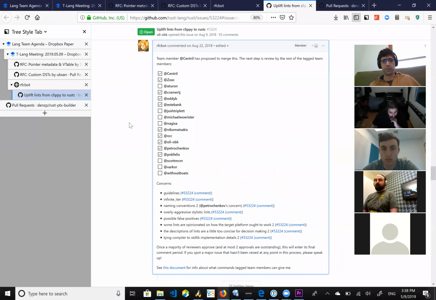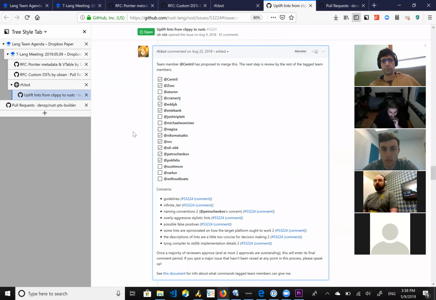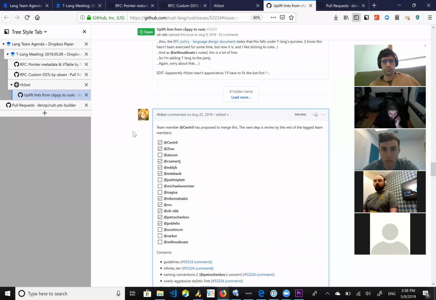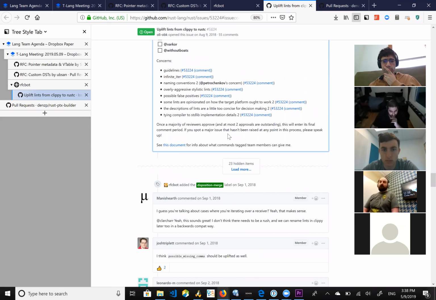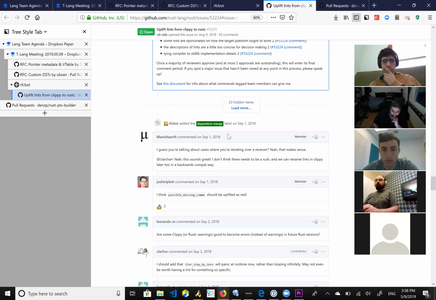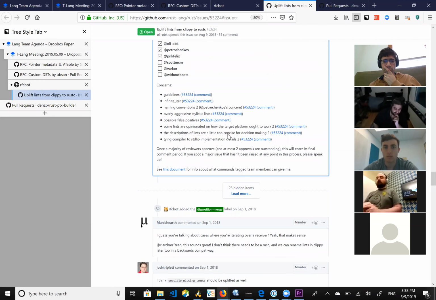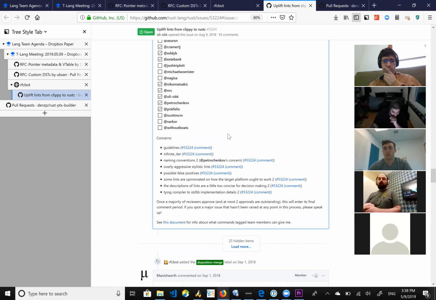Uplift lints from Clippy to Rustc. I think we need to split this somehow to make it go anywhere. I would suggest that we split this issue into each lint, and then we go through those.